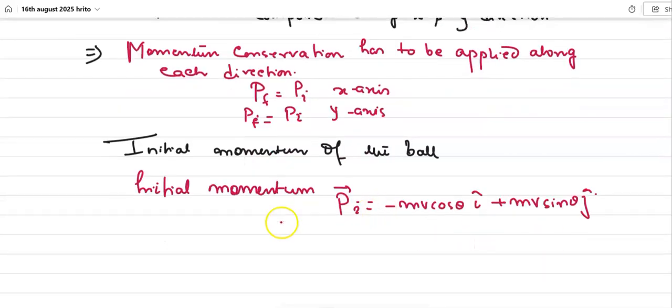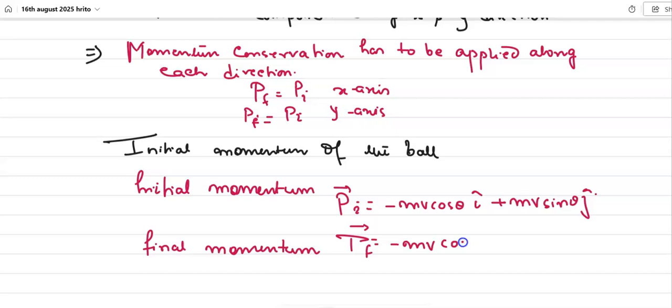The final momentum is P final. This is the final momentum vector. The x component is the same, minus mv cos theta i, and this one is minus mv sin theta j.